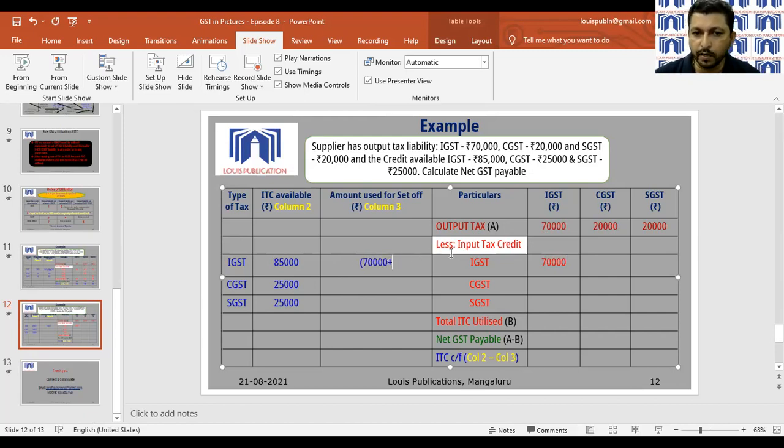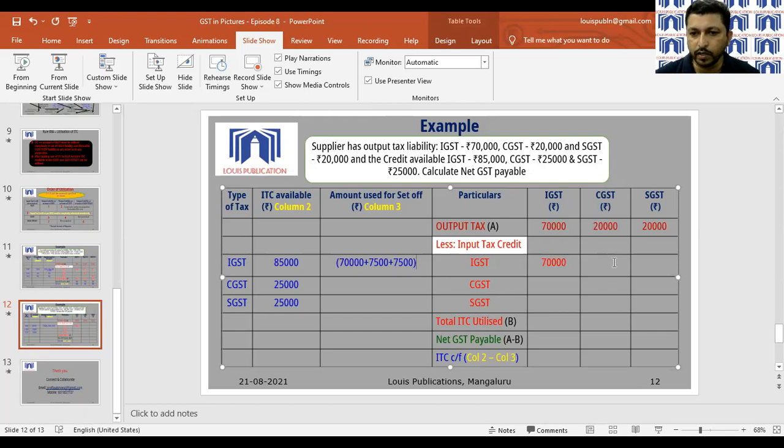So how much will remain? Out of 85,000, 70,000 has been utilized, which means 15,000 will remain. So this 15,000 will now be apportioned 50%. So 7,500 CGST liability will be settled, and 7,500 SGST liability will be settled.